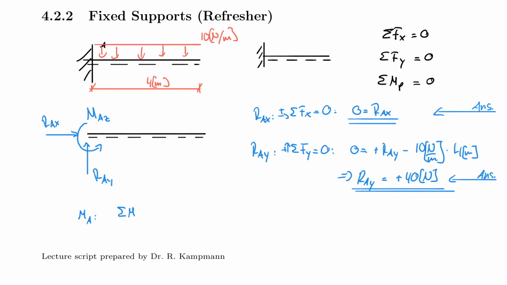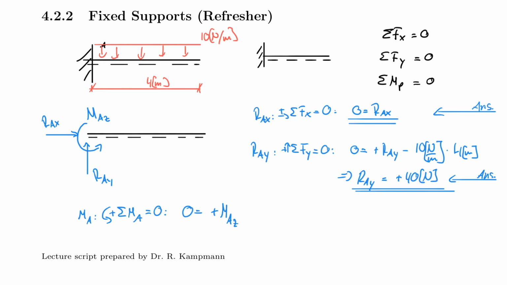So let's go ahead and do that and say that the sum of moments is equal to 0, counterclockwise positive, and 0 is equal to, and I start with my unknown as always, MAZ. I assumed it here to turn counterclockwise. That makes it positive according to my definition, so plus MAZ.